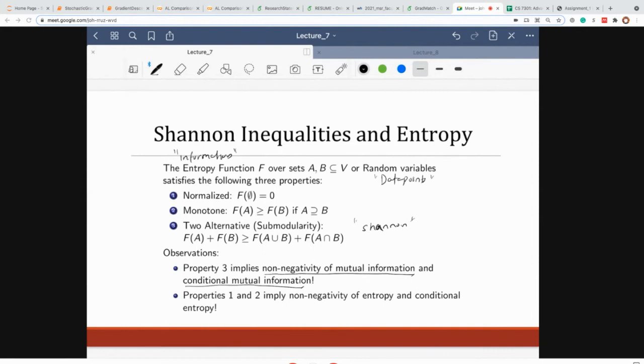It depends a lot on the covariance matrix of your Gaussian distribution. The entropy of a Gaussian distribution is nothing but the log determinant function. If you recall, we spoke about this class of function, the log determinant of S of A, which also relates to determinantal point processes, DPP.